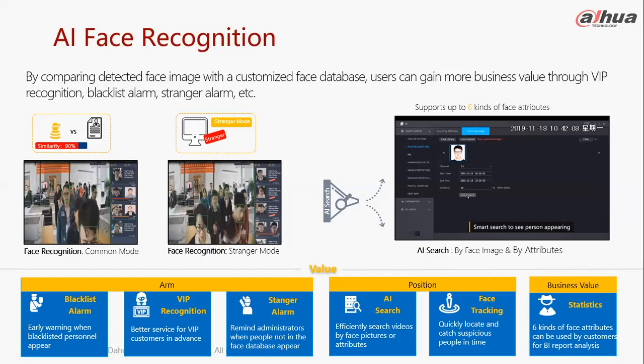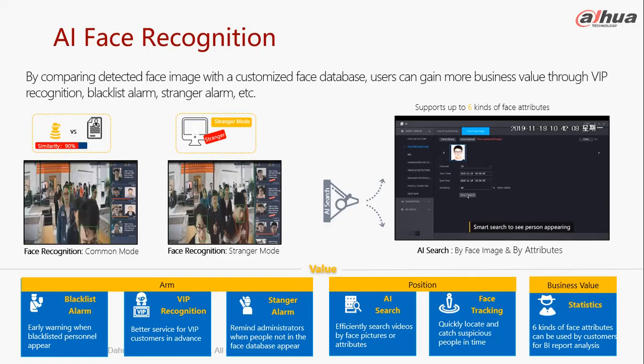In terms of face recognition, some of the functions included are common mode, that is you identify someone from the database. You can do stranger mode, that is someone that's not in the database. You can do blacklist alarm. So in case there's a person you need to do blacklist, you need to do an alarm on, you can achieve the same. You can do VIP.